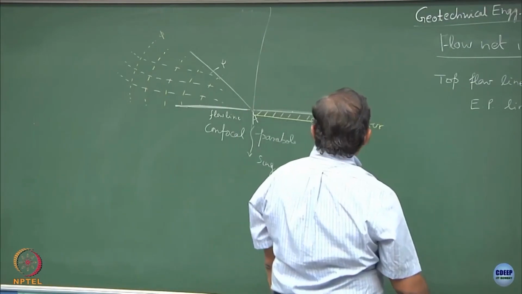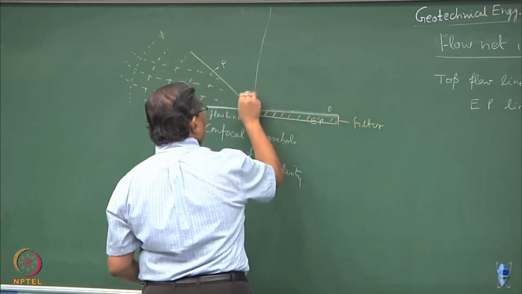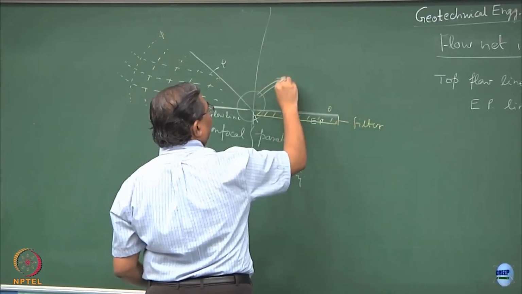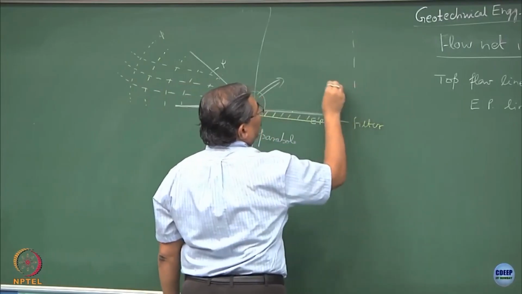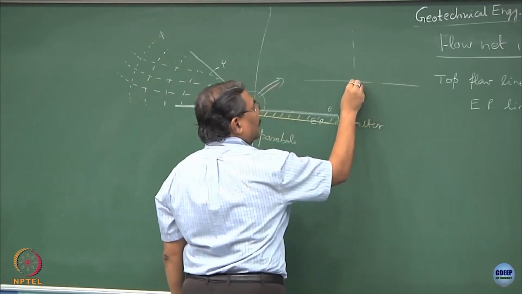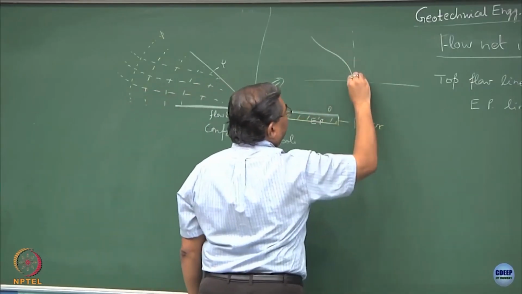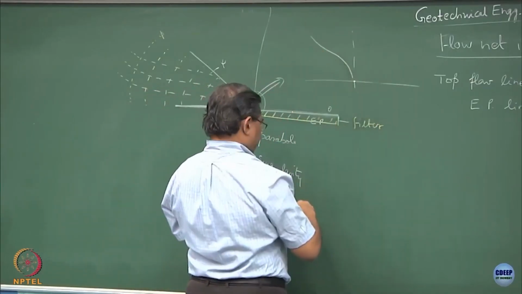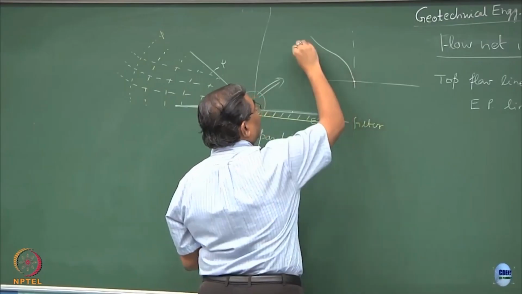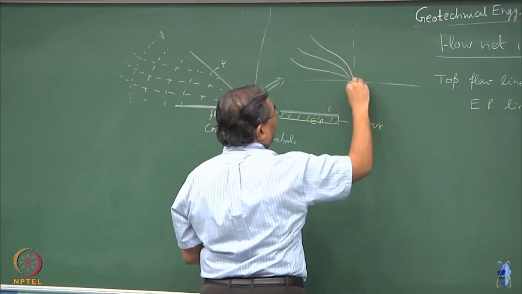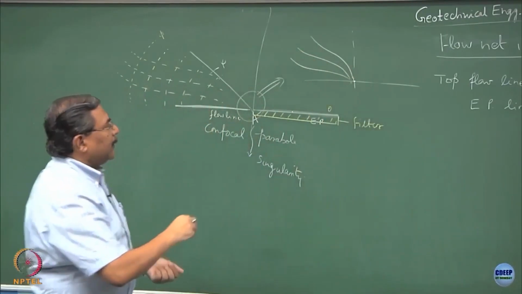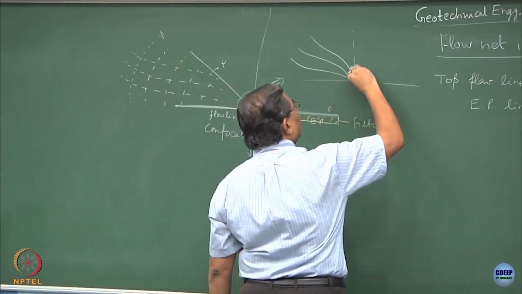So, if at point A I enlarge things, this is how it will look. I have the flow lines coming and meeting over here, and the equipotential lines starting from here.